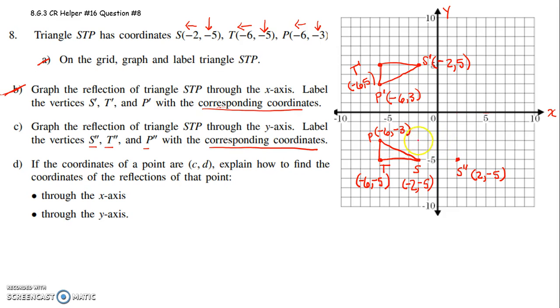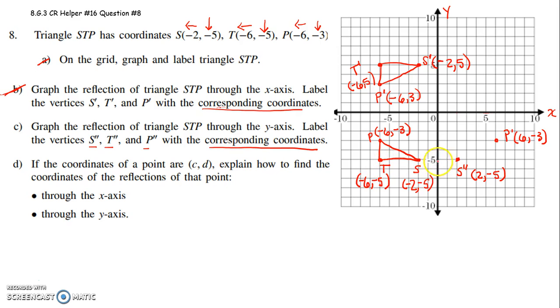If P is 6 to the left of the y-axis, P double prime will be 6 to the right of the y-axis. So there's P double prime. That will be positive 6, negative 3. Again, the x coordinate changed sign. It went from a negative to a positive. Y coordinate remained exactly the same.